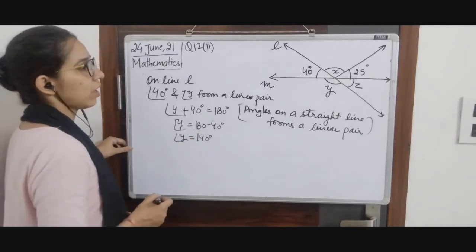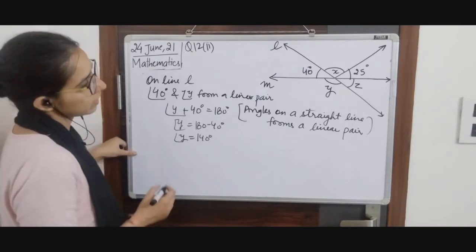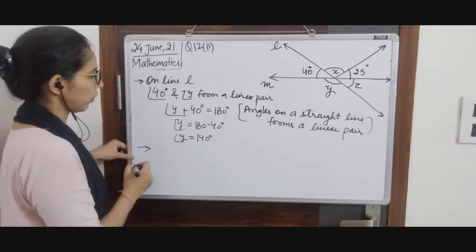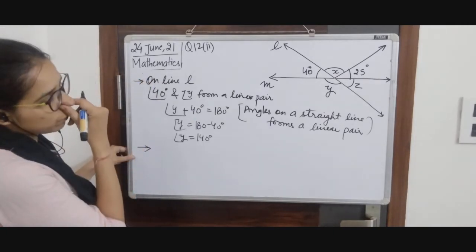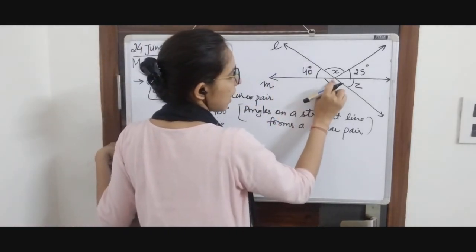Okay, now we have to find out Z. We have calculated Y, we are going to calculate Z. Now, if you look closely, this L and M are intersecting at this point.